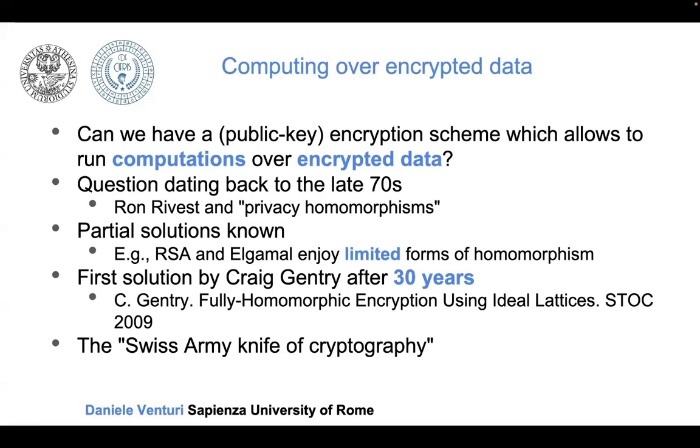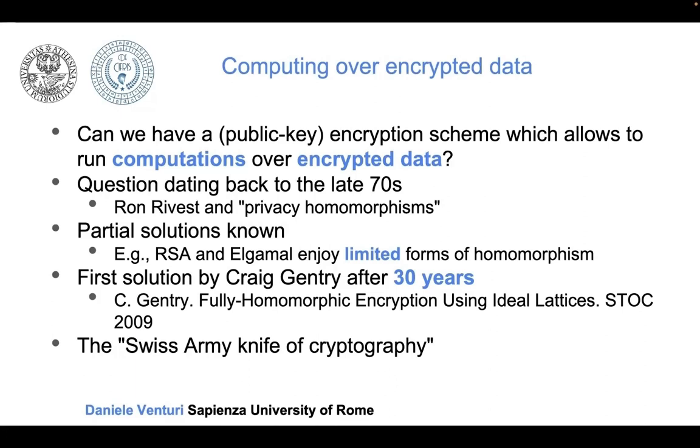Since 2009, a lot of progress has happened. In particular, we improved very much our understanding of how to construct fully homomorphic encryption, using assumptions which are far more standard than the one that Gentry introduced in the original paper. This will also be the focus of today's talk.